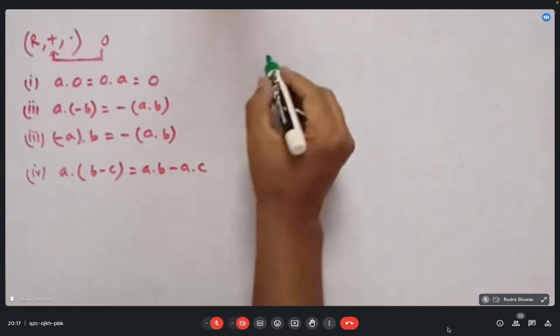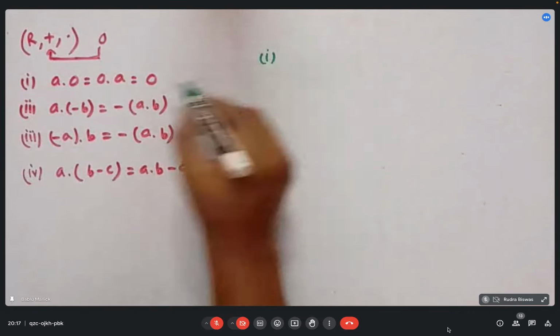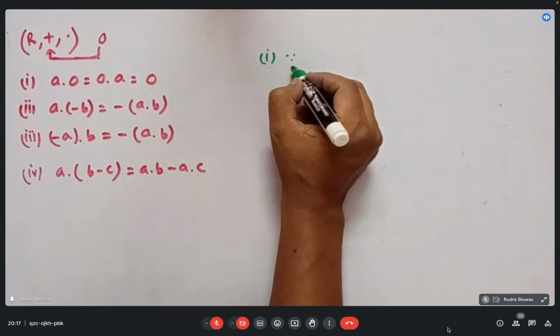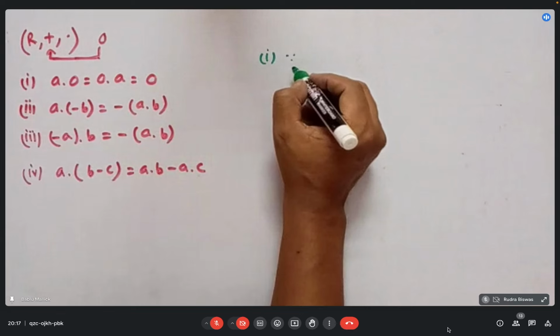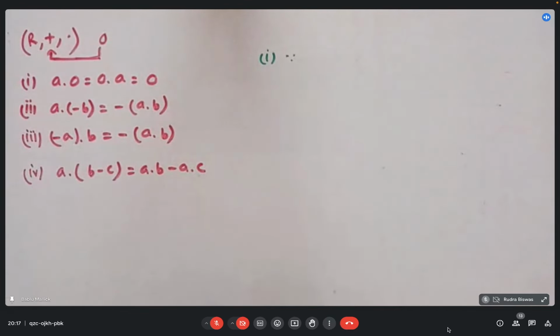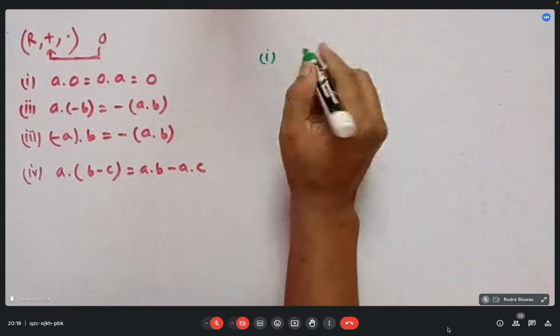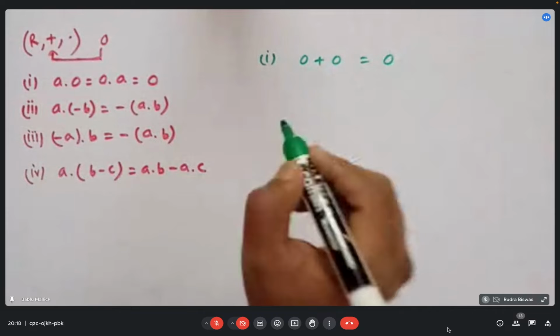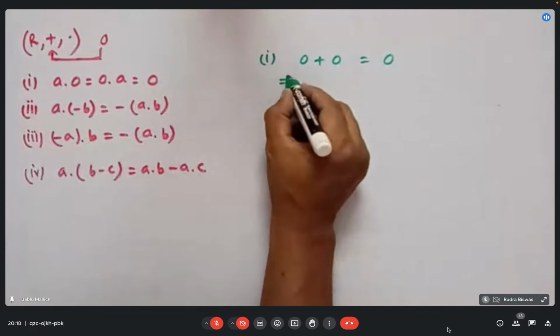See, number 1. Write, since 0 is identity element under plus, therefore we have 0 plus 0 is equal to 0.